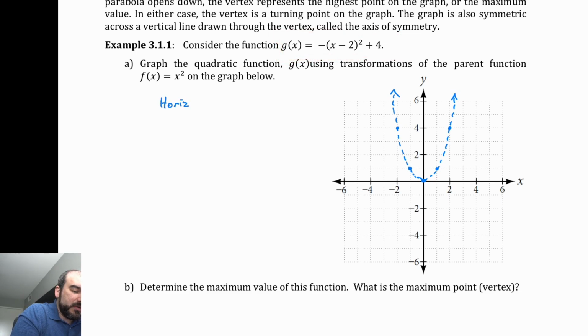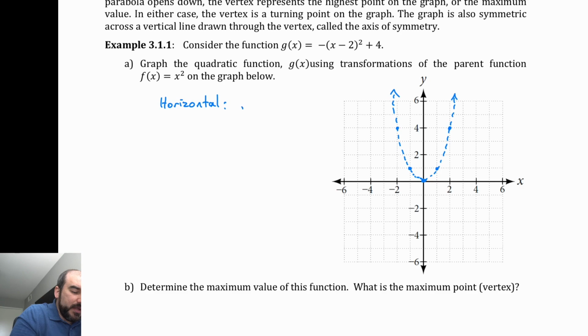Which things are horizontal transformations on this given equation? Horizontally, what is a transformation on this equation? The -2, thank you. That's a horizontal transformation, which means which way does the -2 shift the graph?